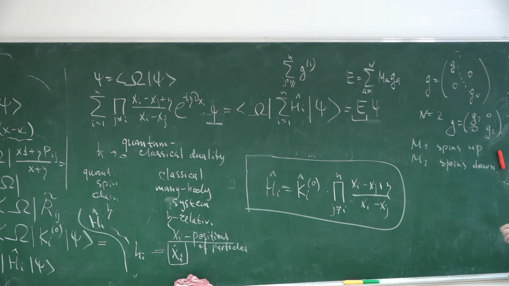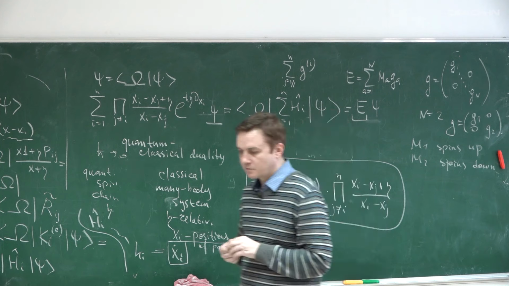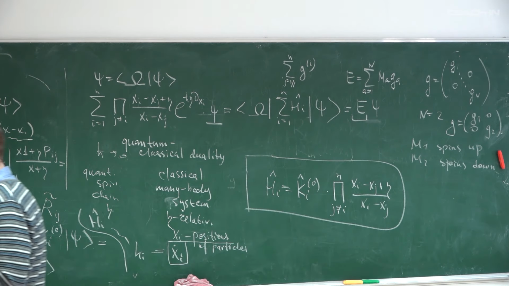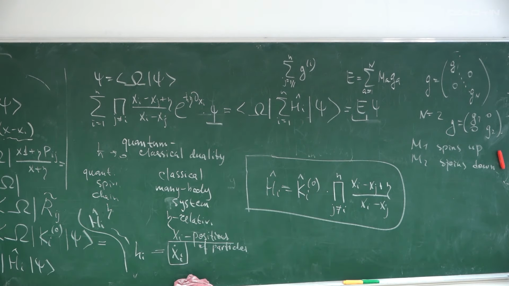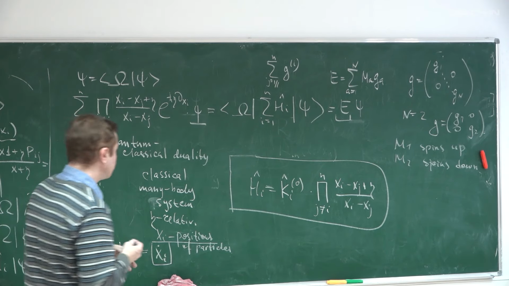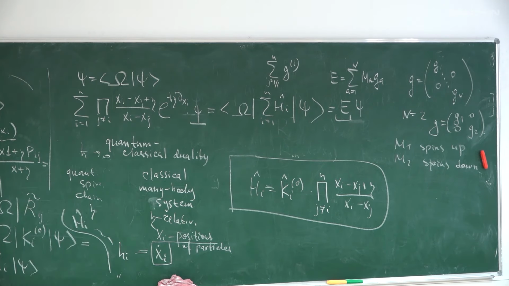The reason for this phenomenon is that one many-body system corresponds not to a single quantum spin chain, but to a set of quantum spin chains which are obtained from this one by supersymmetrization.